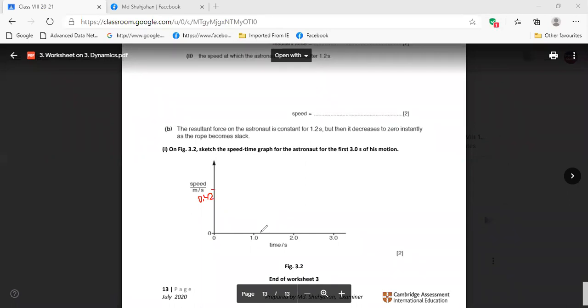So we can go 1.2. So after 1.2, it is 0.42. So we can reach here, right? It is our time, right?